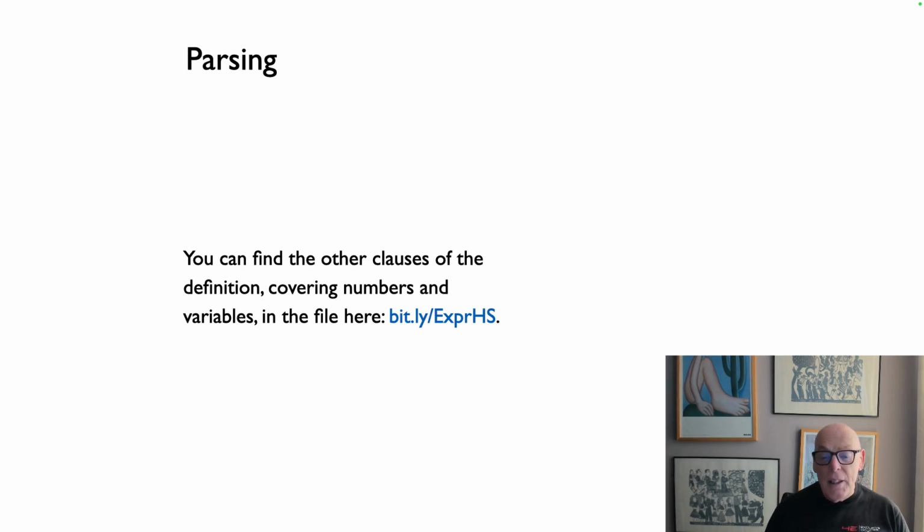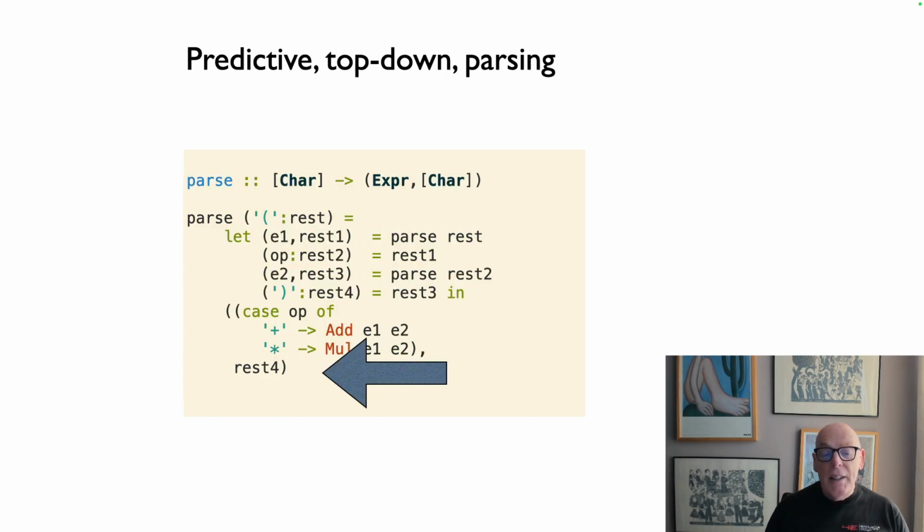And the other thing that we've seen here, just to dip back, is using a let expression to take the results of a function call, like a parse applied to rest, and to do a pattern match over that result, so that we can name the parts like E1, the expression returned by this parse, and rest1, the bit of the string still unanalyzed. So we've used that construct here.